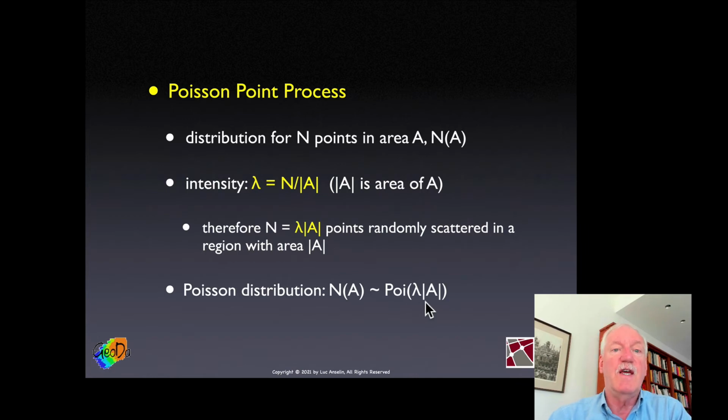But the essence is that for a Poisson distribution, there's only one parameter because the mean and the variance are the same. So once we have this parameter, this intensity, the average number of points we can expect in any given area, then we can compute the probability of having 1 point, 2 points, 3 points, and so on in any given area using a Poisson distribution.